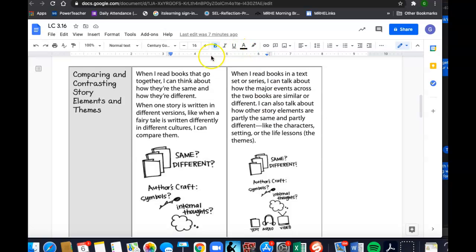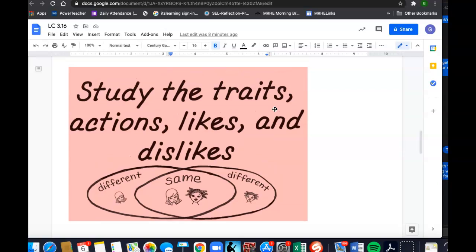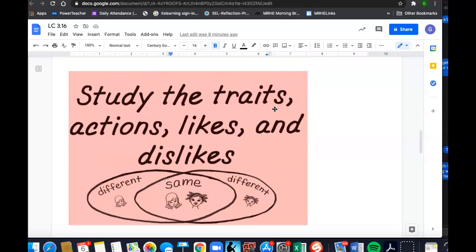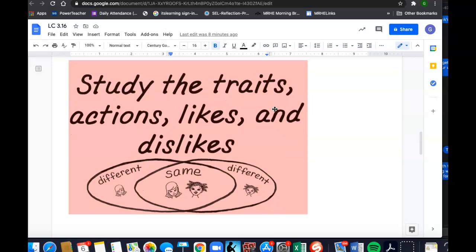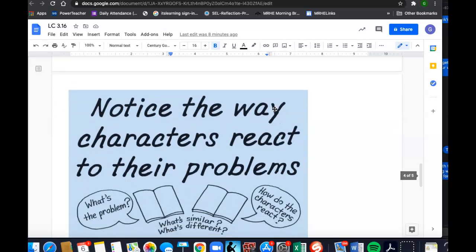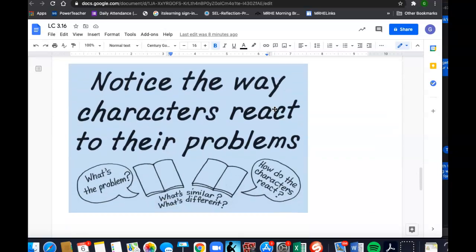And so, how can we go from here, from just general similarities and differences, to looking specifically at different story elements? Well, yesterday you took a look at the characters, their traits, what they act like, what they like, what they dislike. And today we're going to add to that how to look at their reactions to problems that they face.